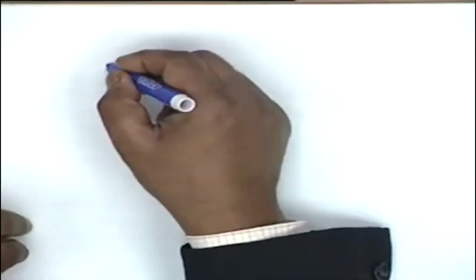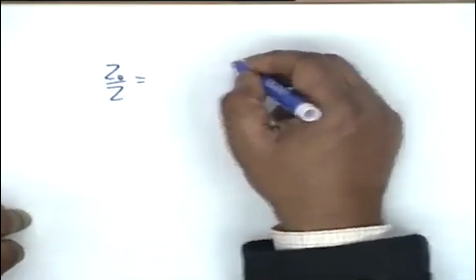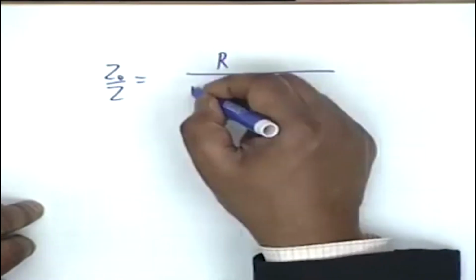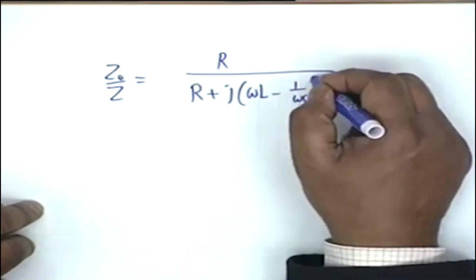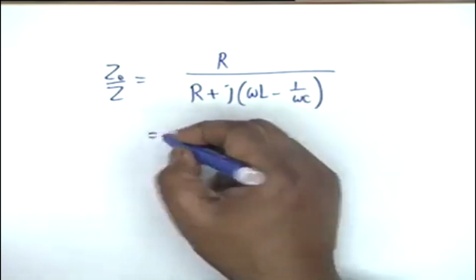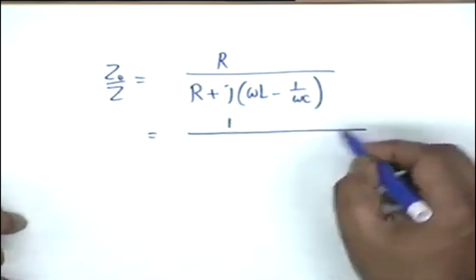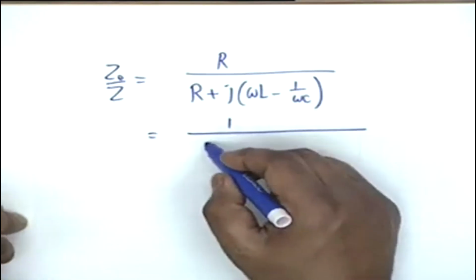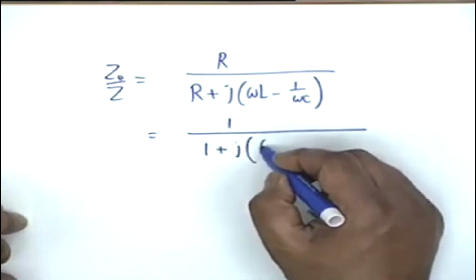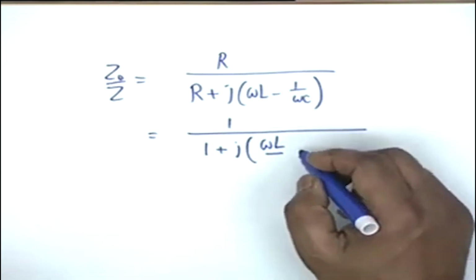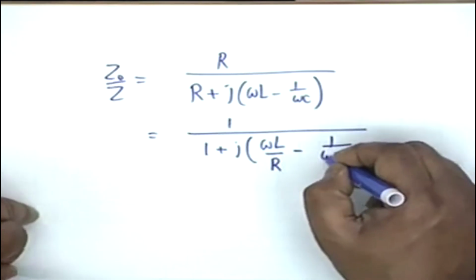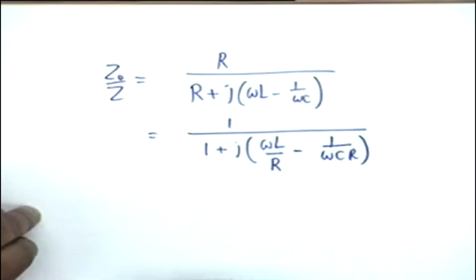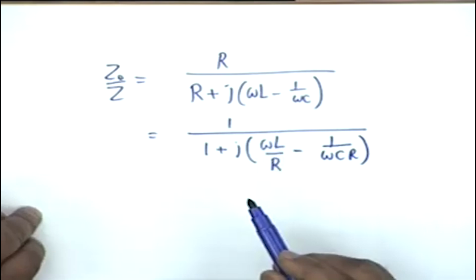I shall repeat this expression here, Z0 by Z equals R divided by R plus j omega L minus 1 by omega C, which I can write as 1 divided by 1 plus j times omega L by R minus 1 over omega C R. Now you see that omega L by R is also dimensionless.